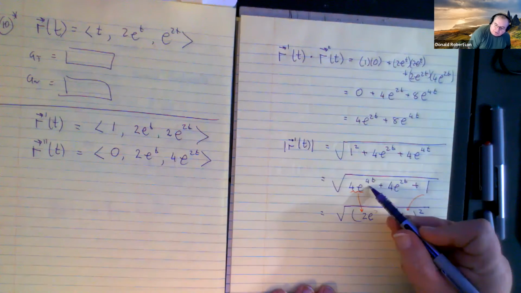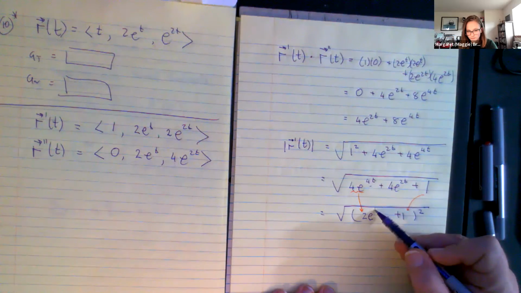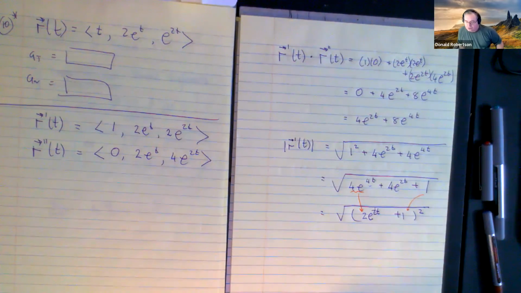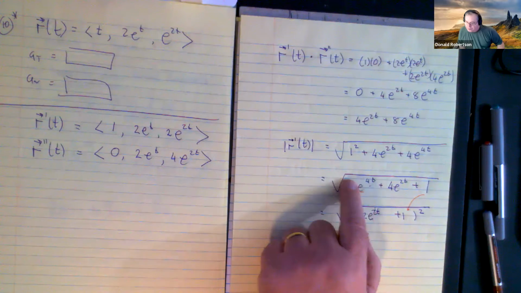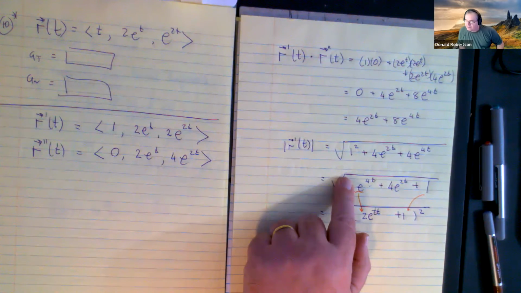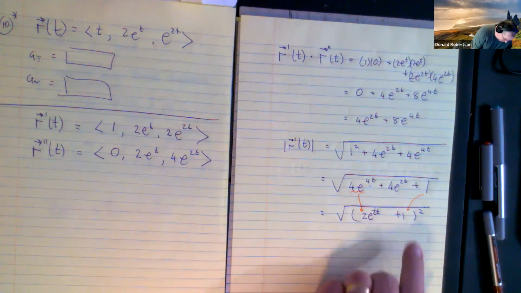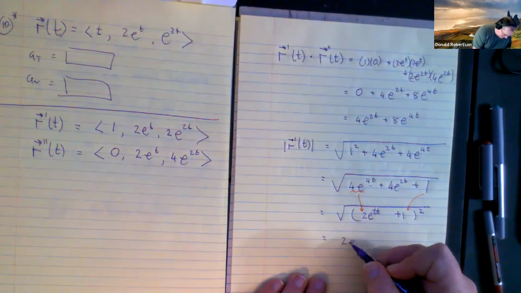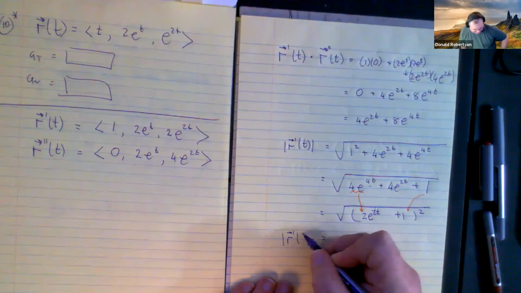What do you get? 2t. Yeah. Basically what you're doing is taking the square root. Square root of 4 is 2. Square root of powers basically just halves the power, so 4t gets you 2t. Square root of 1 is 1. Now that makes this a much nicer looking expression than it might have been. Are you comfortable with that?